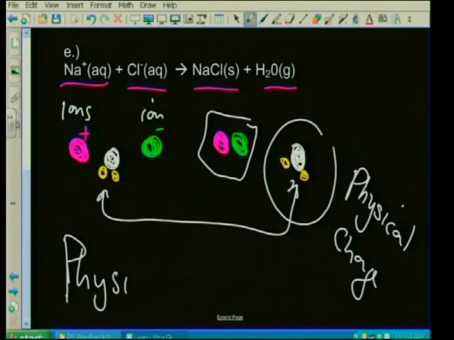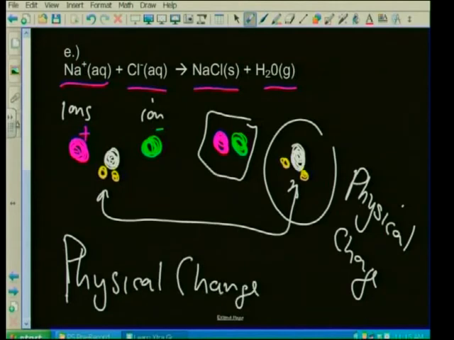But the community, the science community, is actually divided. The more common interpretation is the ions were separated, and they've actually just got a little bit closer together, and so it is a physical change. I would suggest that if you're given something like this in a test or an exam, we'd recognize that this is an unusual situation, but most people will describe this as a physical change. So I'm going to describe it as a physical change.